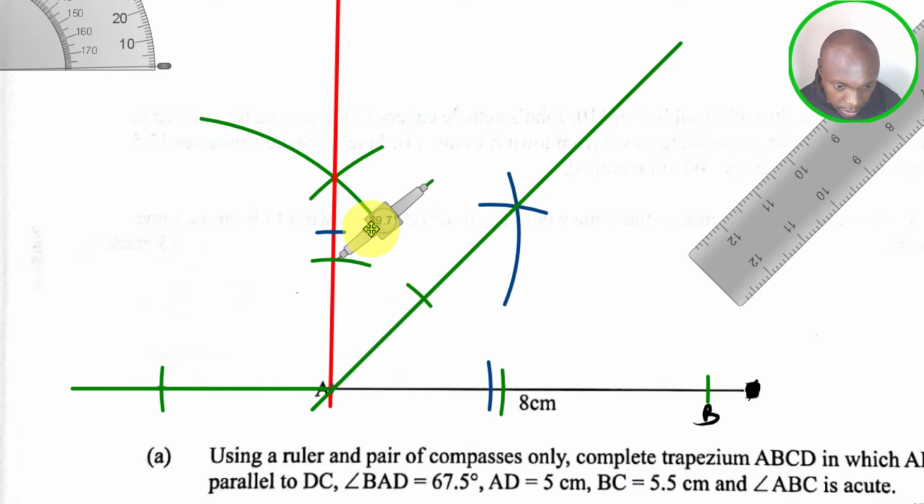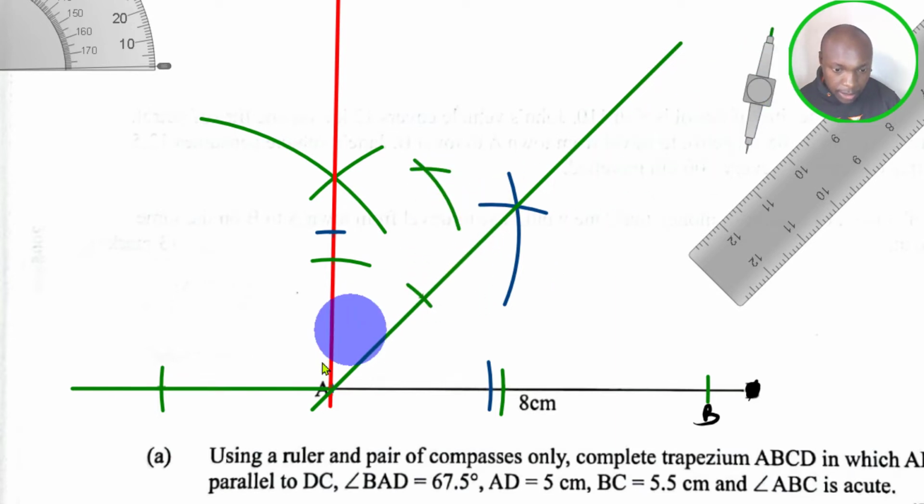Then you stand on this arc here, then mark an arc, then you go to the other arc that you made here. You stand there, then I cut this arc, cut that arc like that.